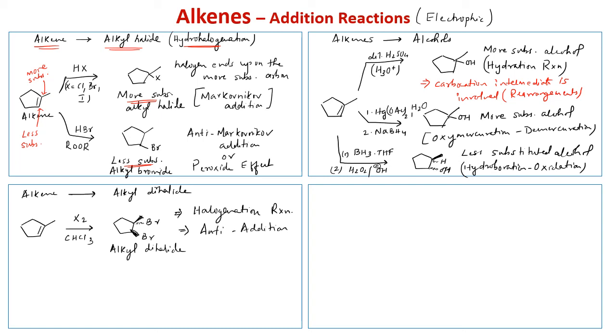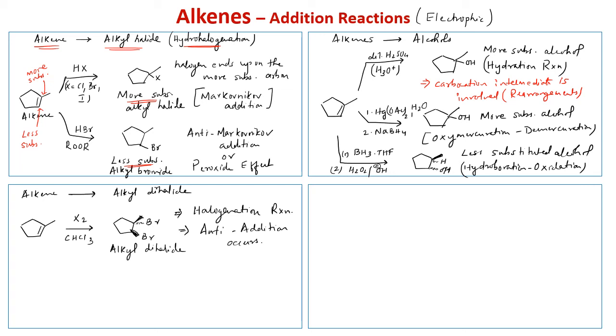Anti-addition occurs here, which means that the two bromines are anti to each other, and that is depicted by putting one bromine on the wedge and the other bromine on a dash bond. Okay, so you can convert an alkene into an alkyl dihalide.